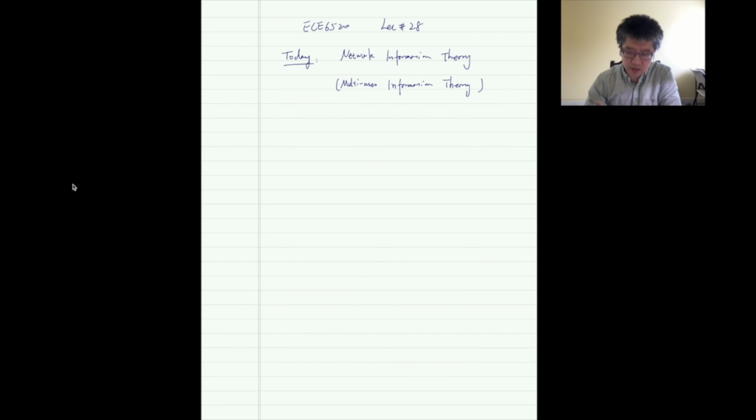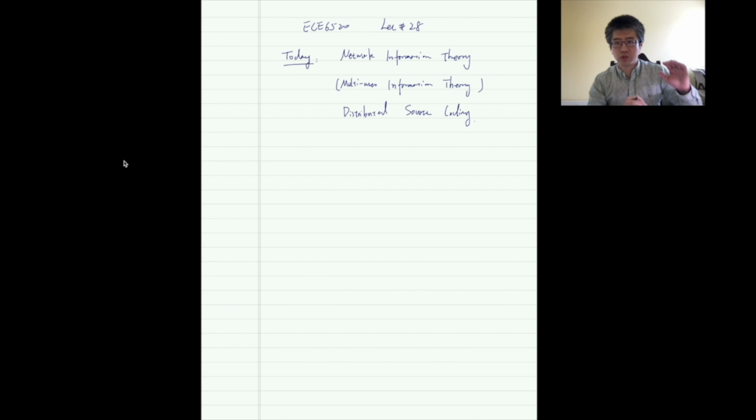And in this class in particular, we'll talk about a very specific topic in network information theory, which is distributed source coding. We're going to see in a minute that in this network we have 3 nodes.